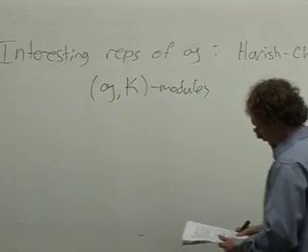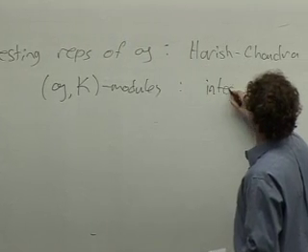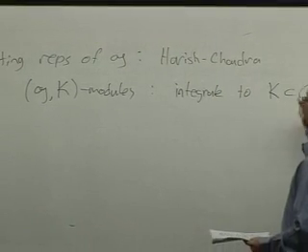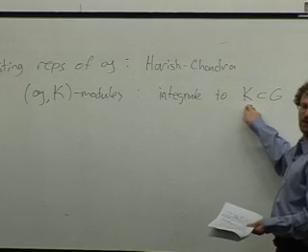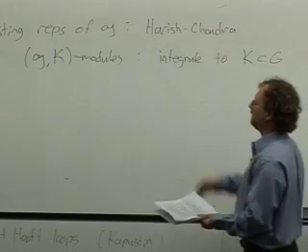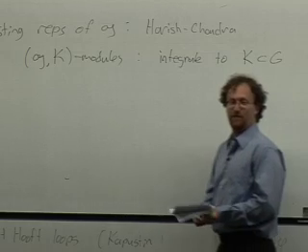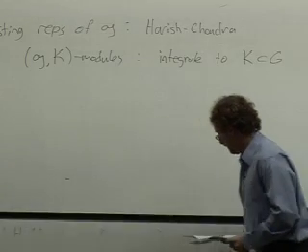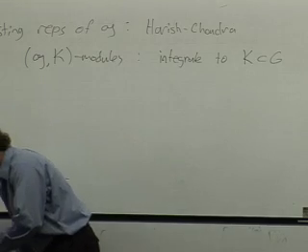So these are representations of a Lie algebra that integrate to some subgroup K of G. So they have some kind of integrability that the actual group K acts on the representation and the entire Lie algebra G. So these turn out to be the good models for the kind of representations, things like unitary representations of real Lie groups can all be captured in terms of this algebraic story. So let me review a little bit of this.